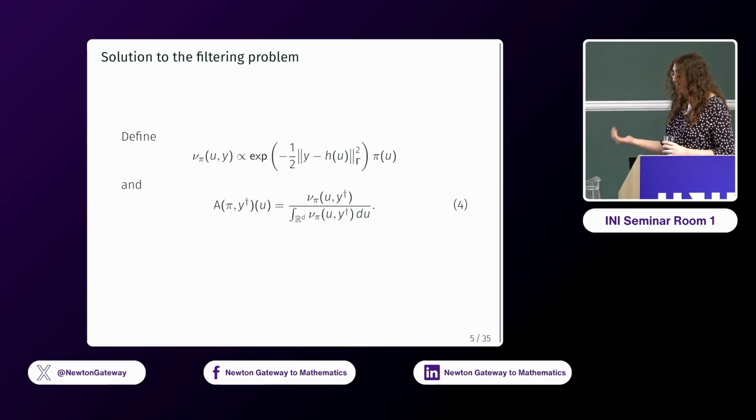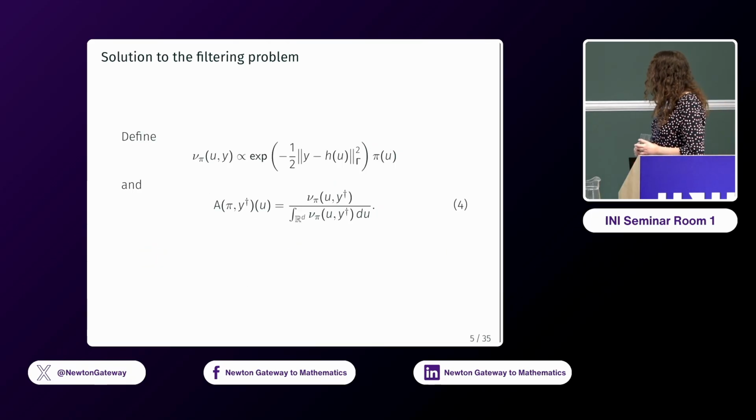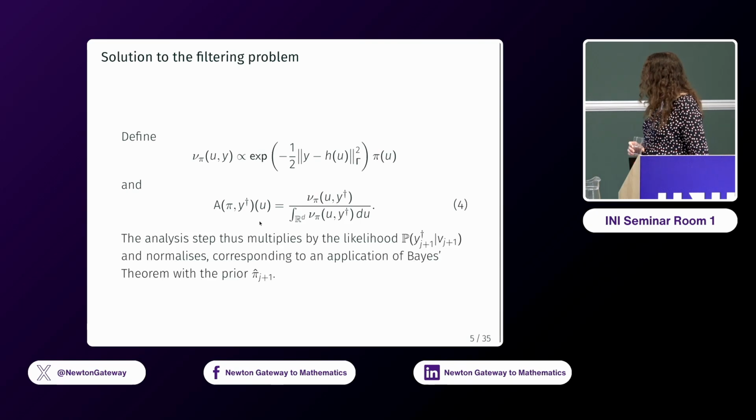It performs a Bayesian inference. Essentially what it does is take the prior, which, remember, we take to be the last forecast distribution, multiplies it by the observation likelihood, which we've defined, and then normalizes. So this is actually just an application of Bayes' theorem, with the prior being the last forecast distribution.